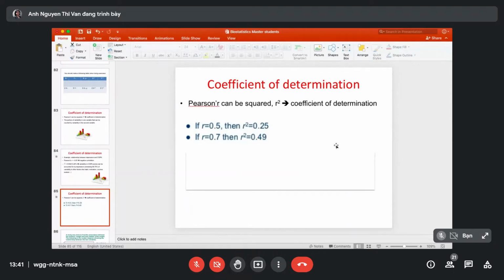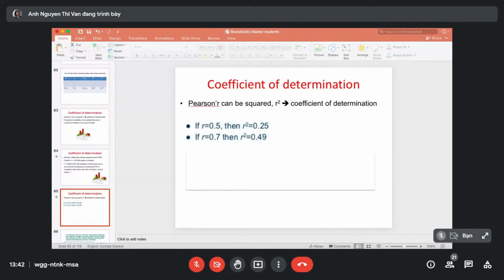Can you talk about the case that R equals 0.7? If R equals 0.7, there is a positive correlation. It means when one variable increases, the other variable will increase too. And because it equals 0.7, the strength of the linear relationship is moderately strong.